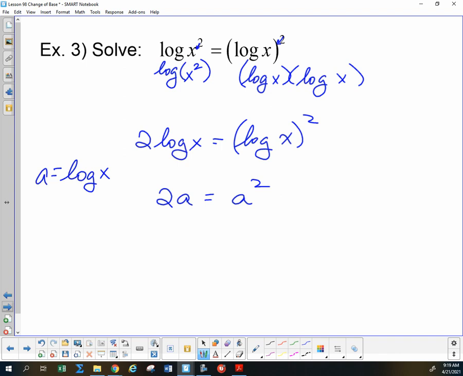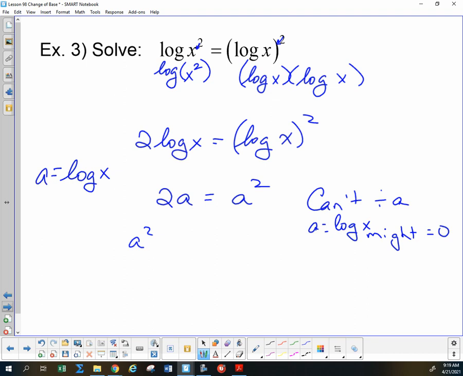Can I divide both sides by a? No, because a might be 0. Log of x might be 0. So I cannot divide by a, because a or log x might equal 0. So instead, what I need to do is to get everything on one side equals 0 and then solve my quadratic.